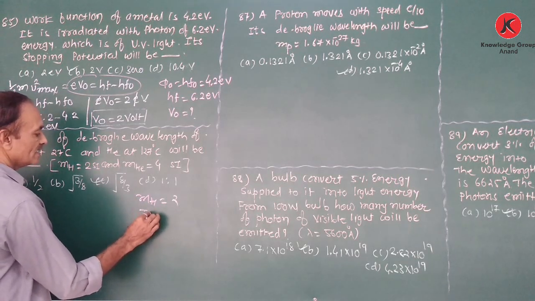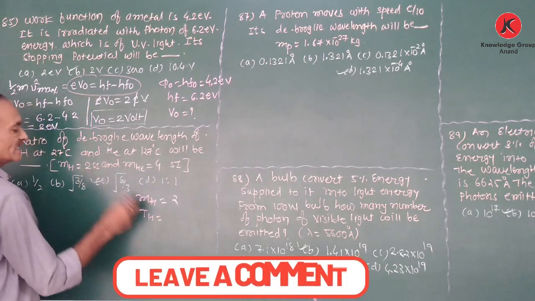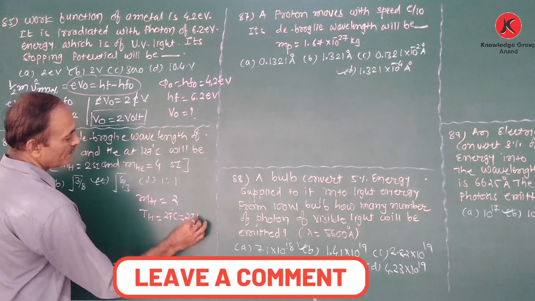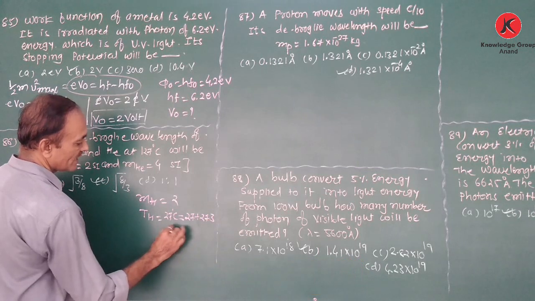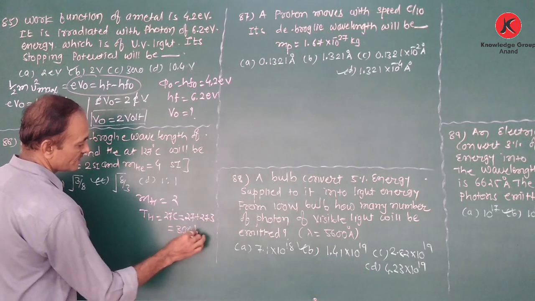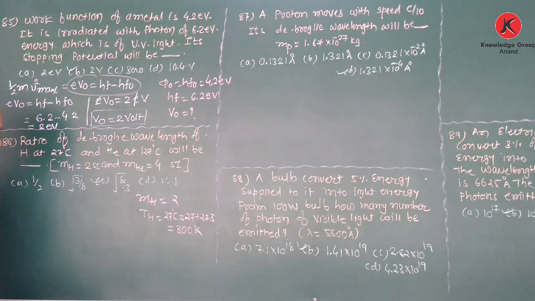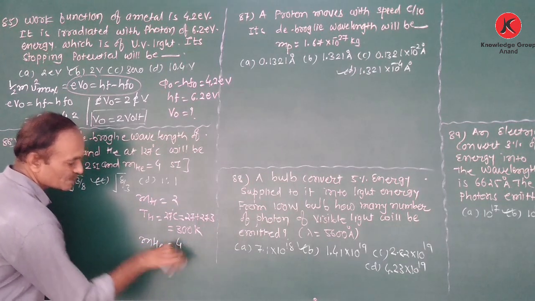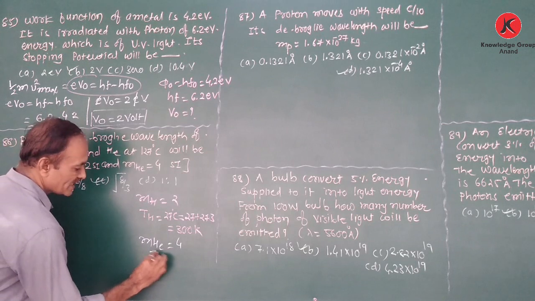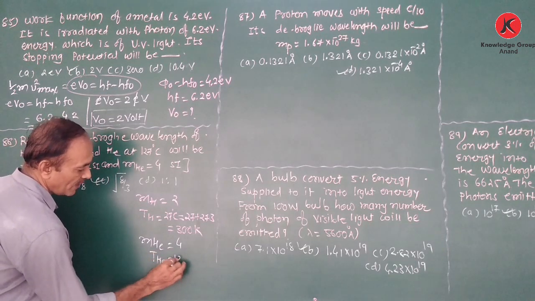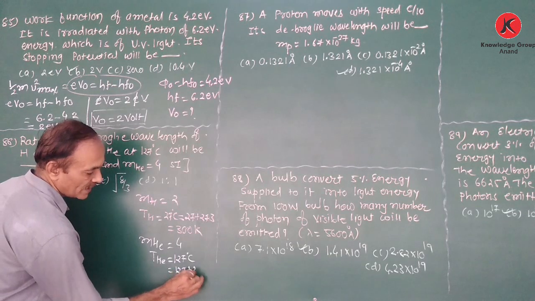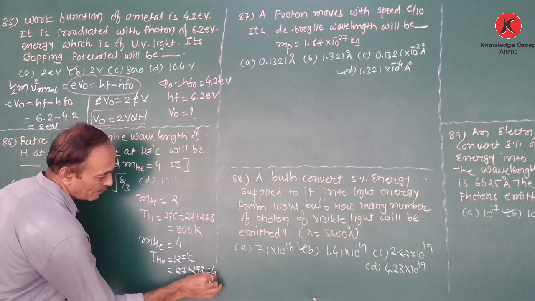Its temperature is 27 degrees centigrade, that means 27 plus 273, that means 300 Kelvin. Similarly, for helium, the mass of the helium is 4 SI unit. The temperature of the helium is 127 degrees centigrade, that means 127 plus 273, 400 Kelvin.